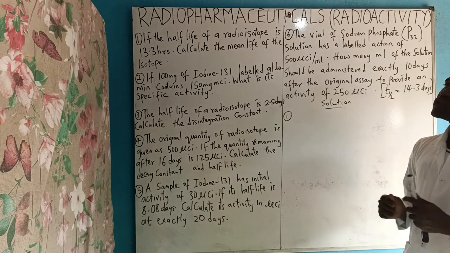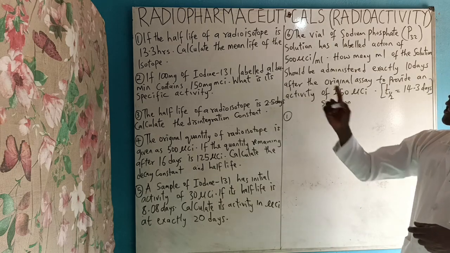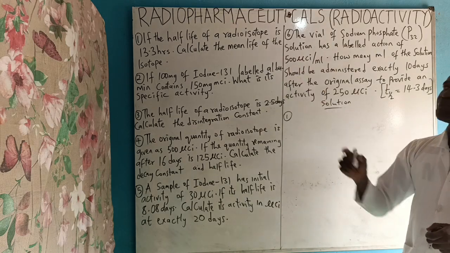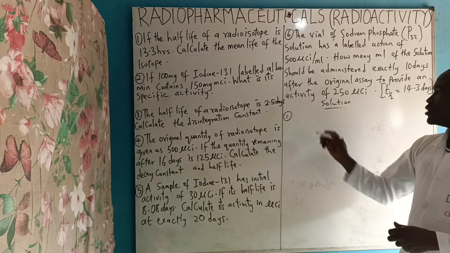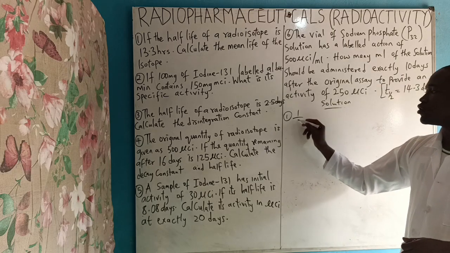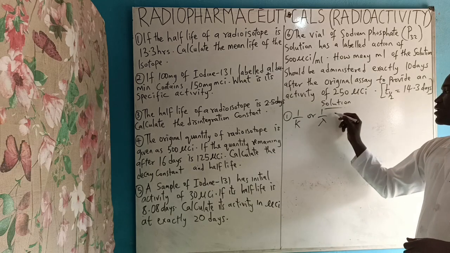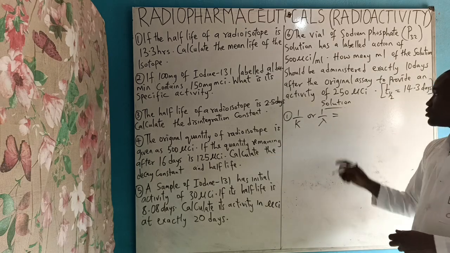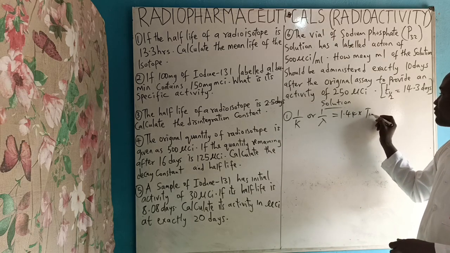Okay, let's see how to solve this problem on radiopharmaceuticals we have on the board. 1. If the half-life of a radioisotope is 13.3 hours, calculate the mean life of the isotope. The mean life of the isotope, denoted by 1 over lambda, is equal to 1.44 times half-life.